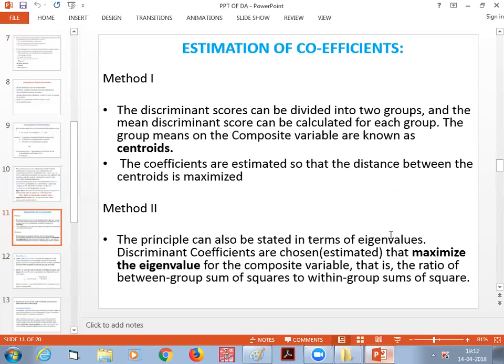Like, in classifying the high user or low user of the internet, what I have taken as predictors: the time spent by a person on weekdays, the time spent on a weekend, and whether they are using it for chatting, for blogging, or for education purpose. These are the explanatory variables, predictors, which will help you to predict whether an individual belongs to this group or another group. Here again the buyer and non-buyer case.